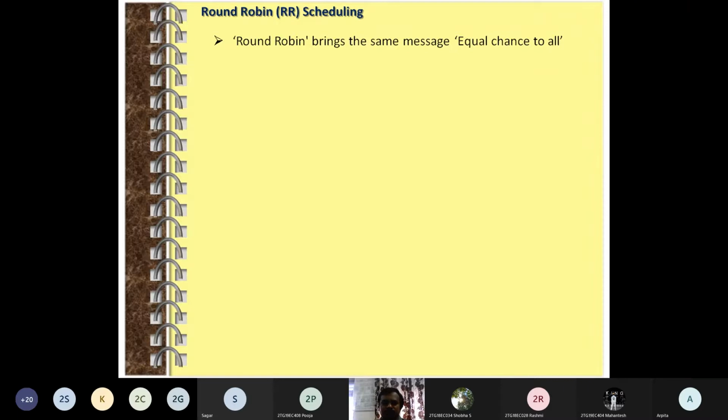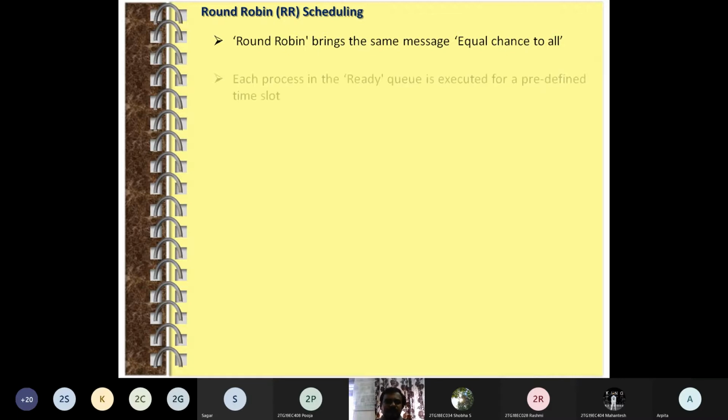Suppose n processes are there in the queue and all are going to be executed by the processor, then how is the time allocation going to happen for each individual process? The execution time may vary for each process, but here an equal time slot is allocated for all the processes.